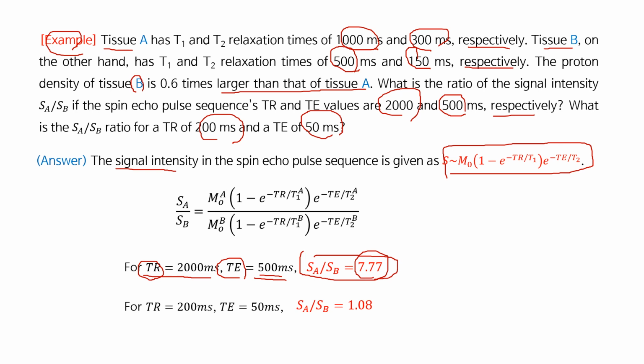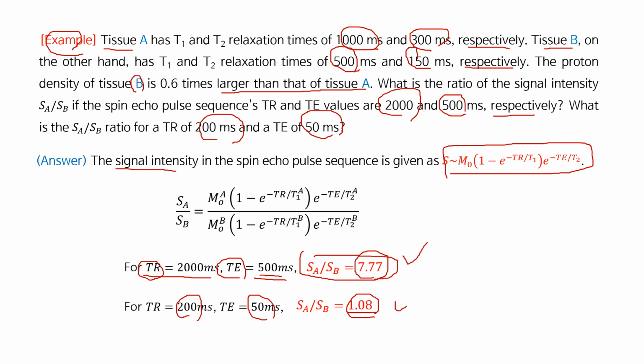And for TR 200 millisecond and TE 50 millisecond, the ratio of the signal intensity is just 1.08. This is much larger than that, right?